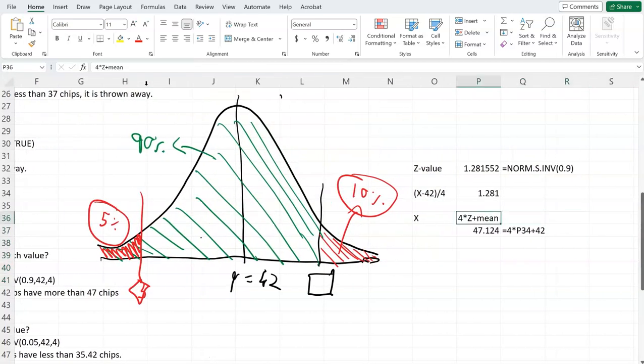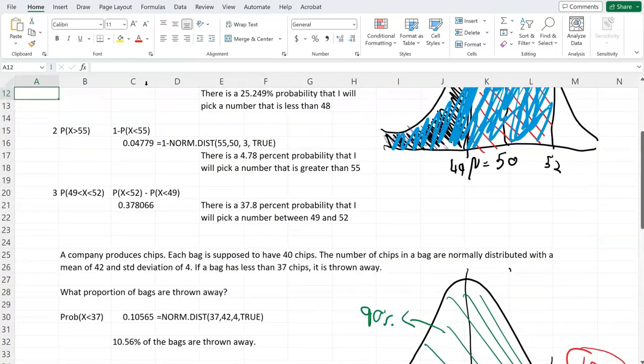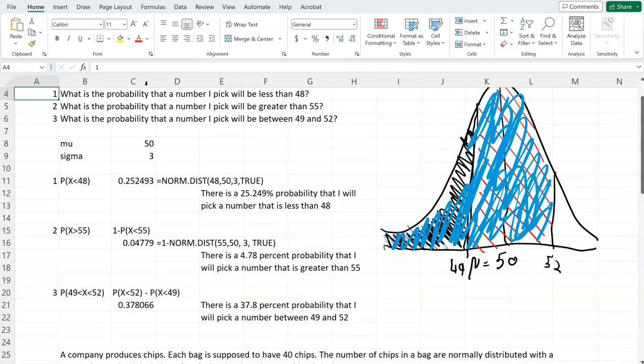If we rounded it up a little more, we probably would get the same number. So in that case, you could use either, since norm.dist and norm.inv, to me, seem a little easier, so I explain those more in depth than finding it through the standard normal table. But if you want to, you can use the other one too.